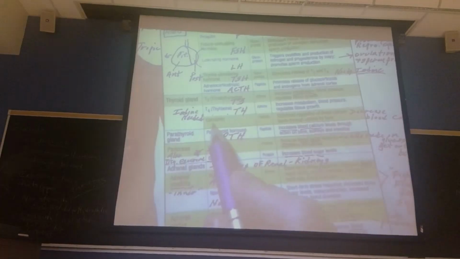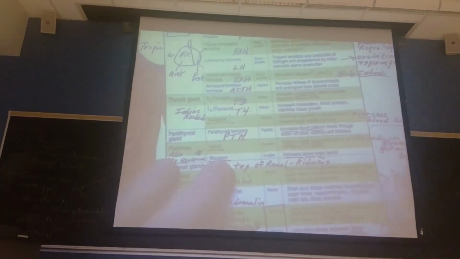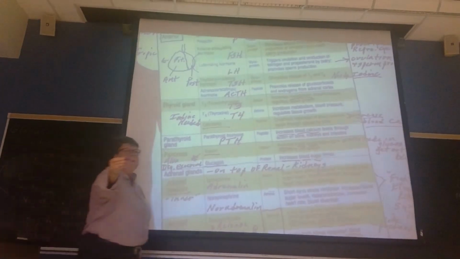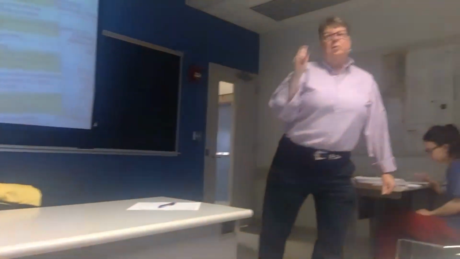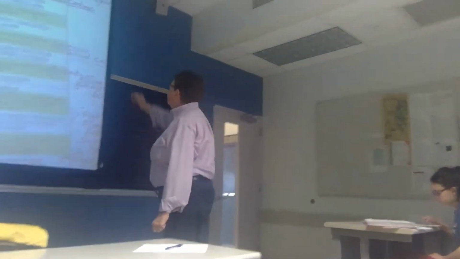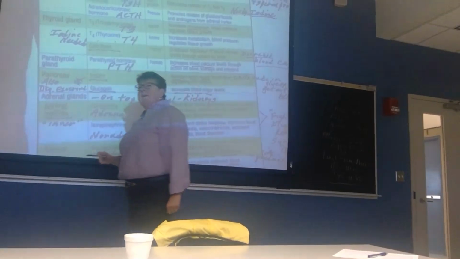And there's another hormone secreted by the thyroid gland, which is called calcitonin. In effect, it decreases blood calcium. Remember, we said calcium's needed for muscle contraction, as well as for other things, bones, teeth.